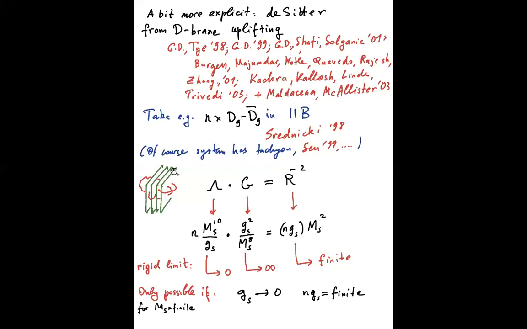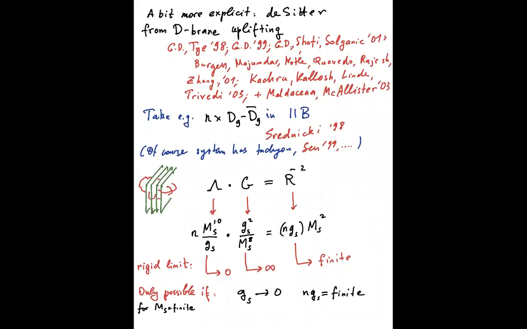In 10 dimensions, the D-branes are soliton-like objects that exist in string theory. They have positive tension. Now, in 10 dimensions, you have these D-branes which are 9-branes, which are space-filling. So basically, they fill the space, and their tension acts like a cosmological constant in 10 dimensions. So you can put on top of each other branes and anti-branes, n of those, and you will create effectively a cosmological constant-like source.